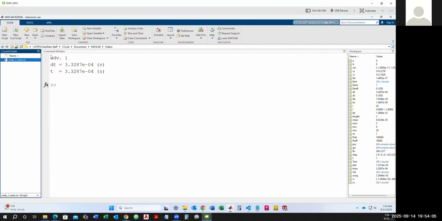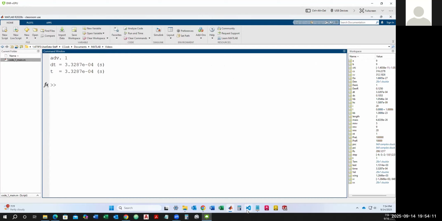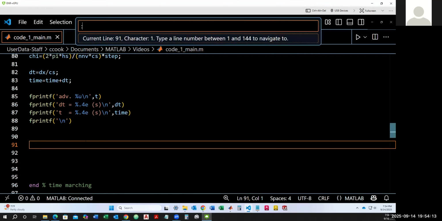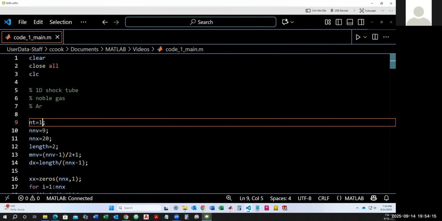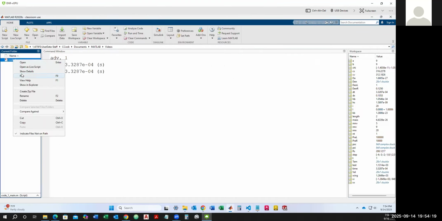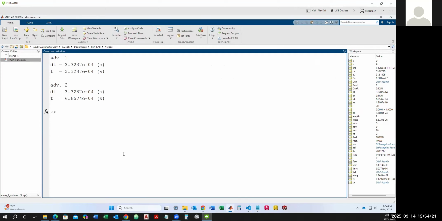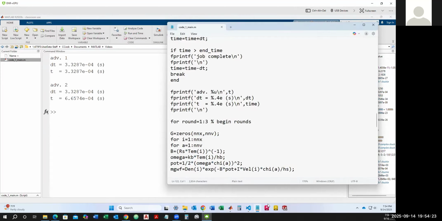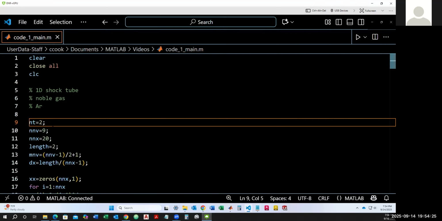Here's your DT for time step one, and then here's your total time. So for example, we have two time steps. That's a personal choice. I like to see where the code's at.